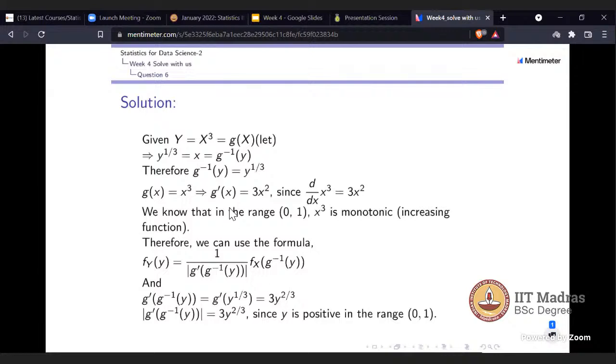G dash x is 3x square. So if you take G dash of cube root of y, that is again going to be 3 into y to the power 2 by 3. So both numerator and denominator are going to be the same, so your Fy will come to be 1.